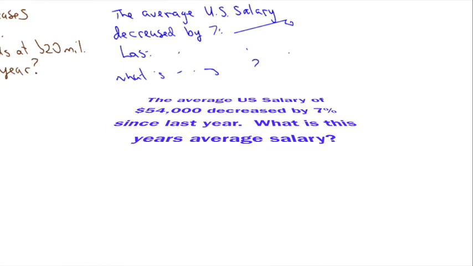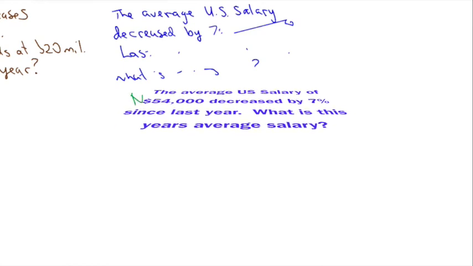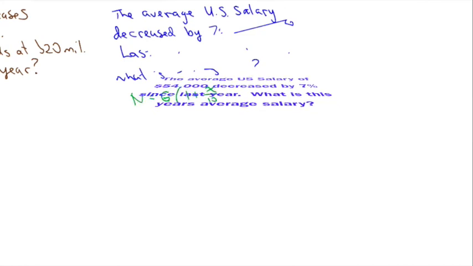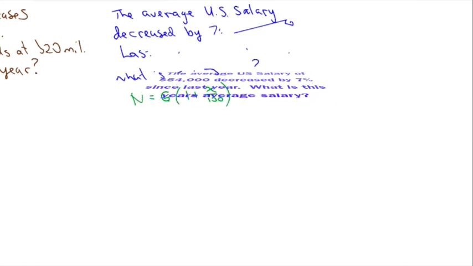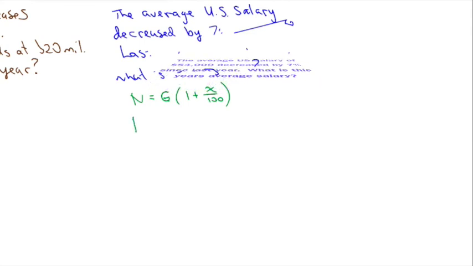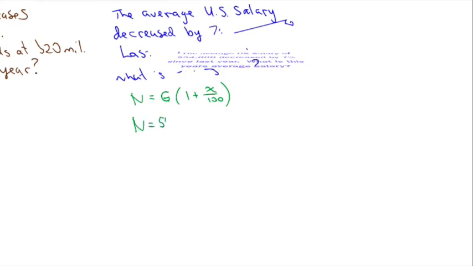So we're doing a percent increase, percent decrease. So new equals old times 1 plus x over 100. Do I know the new salary? No. I have no clue what the new salary is, so leave it alone. Do I know the old salary? Yeah, 54,000. Multiply that by 1.